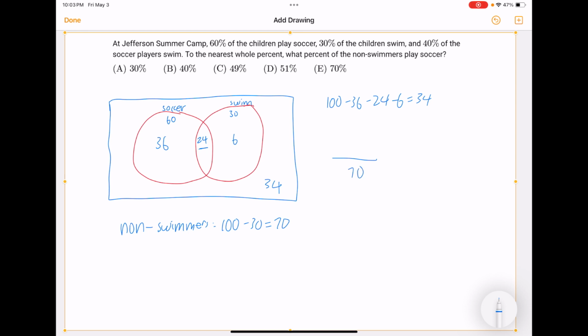In the numerator, it would be the non-swimmers that play soccer, which is 36 people. So 36 over 70 gives us around 51. Converting it back to a percentage, that's just 51%.